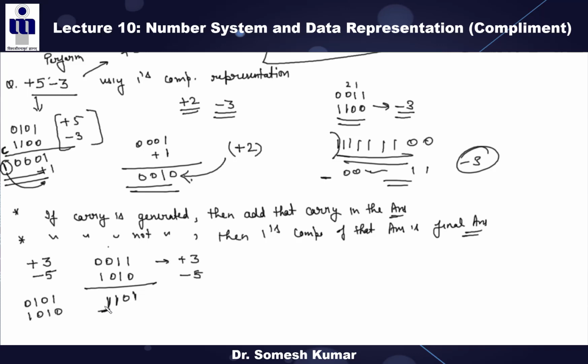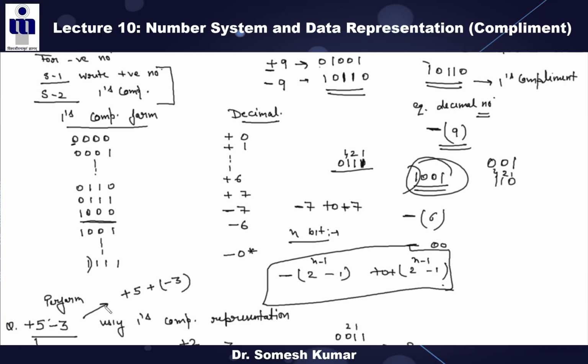Okay. So now the disadvantages of this 1's complement representation are, there are two types of zeros, plus 0 and minus 0, right? This problem can be removed using the 2's complement.